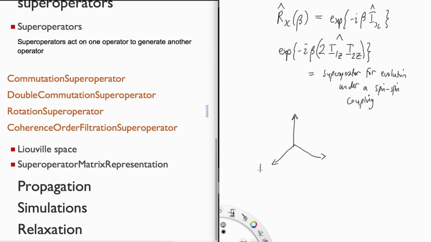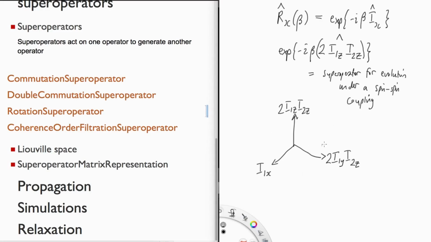Many of us have played with diagrams of this kind, where you have I1x along the x-axis, you have 2I1z I2z along the z-axis, and then the third axis here, we recognize that we have Ix and we have I1z, so we should have an I1y, and the I2z then appears along this axis.